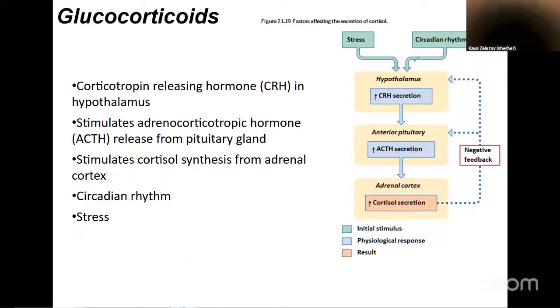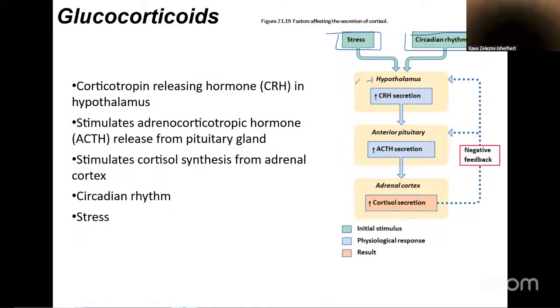How do we get there? Okay. So our influence ultimately for producing more cortisol from our adrenal cortex is stress or time, so your circadian rhythm, daylight, nighttime cycles, affecting the hypothalamus.